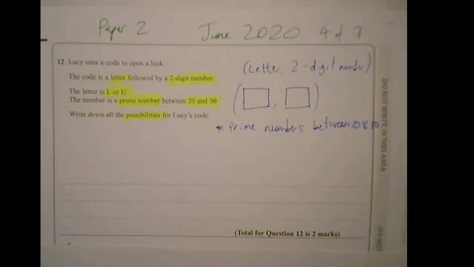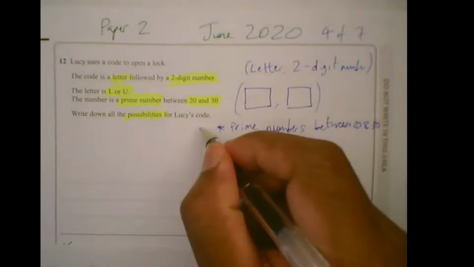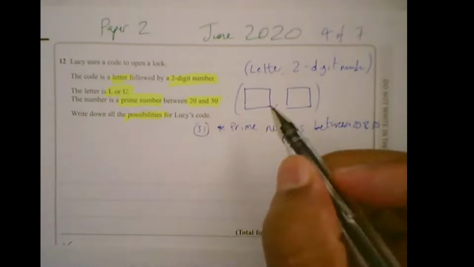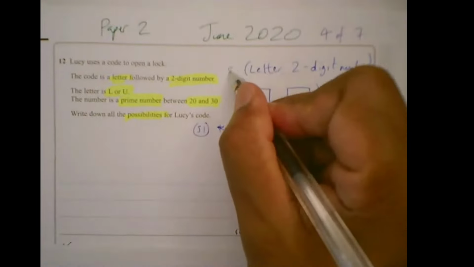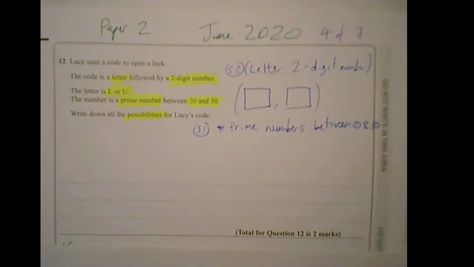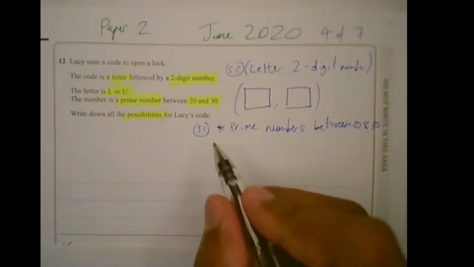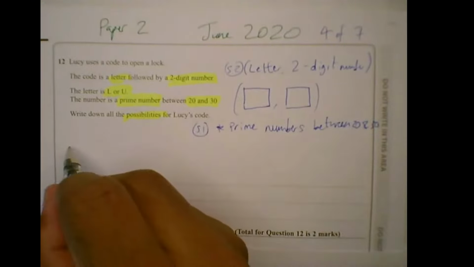Okay, so prime numbers between 20 and 30. Step 1, I'm going to do this. And then step 2 will be my letter and my 2-digit number. So I'm going to write out all of the numbers between 20 and 30.